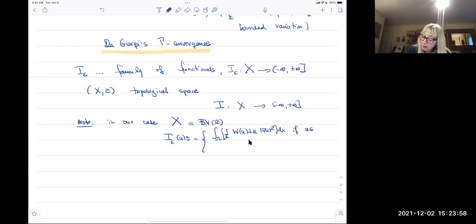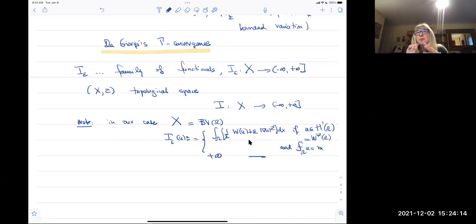First I want U to be Sobolev, in this case H1, or if you wish, the same thing as W12, and average equal to M, and it's plus infinity otherwise. So the effective domain of I epsilon is smaller than where I land, and normally that happens with gamma convergence. You need a larger space where you land.